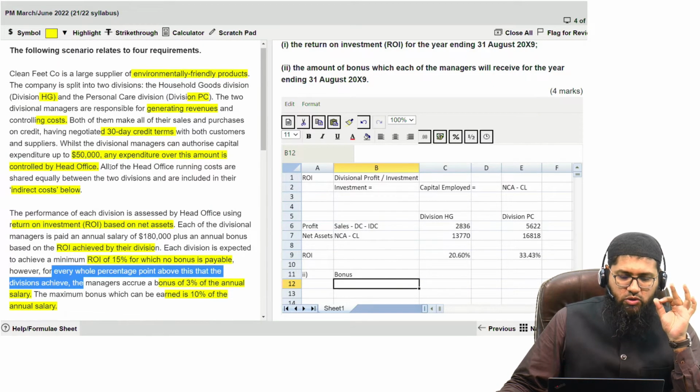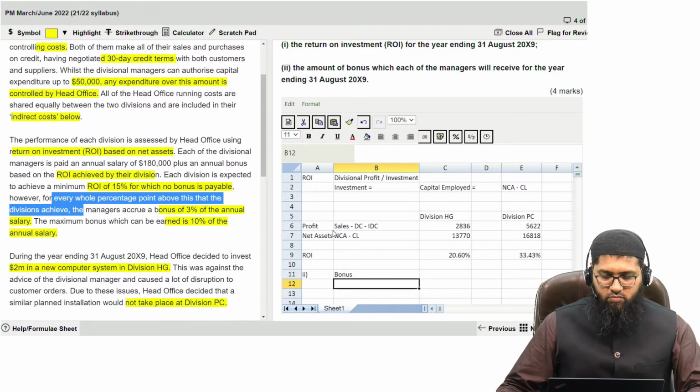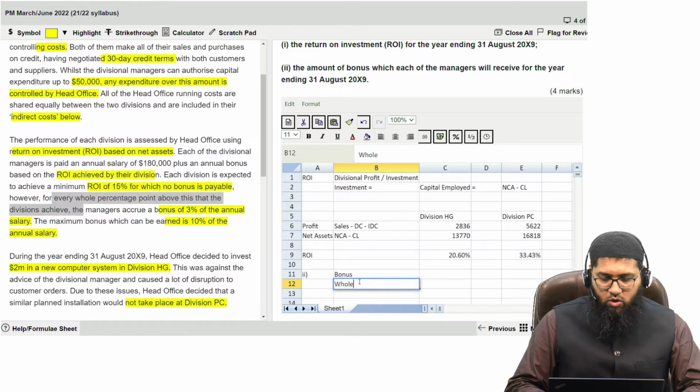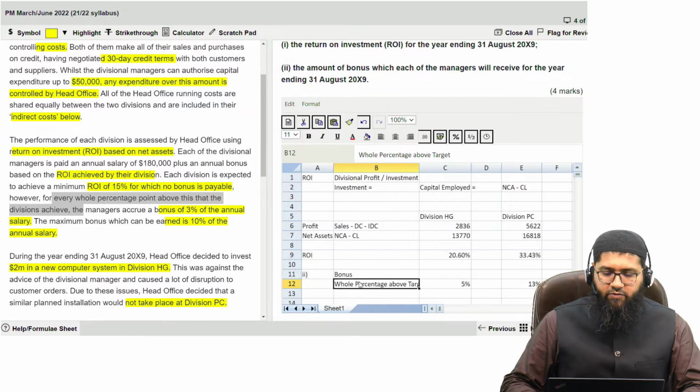So the whole percentage above target is 5% and 13%.